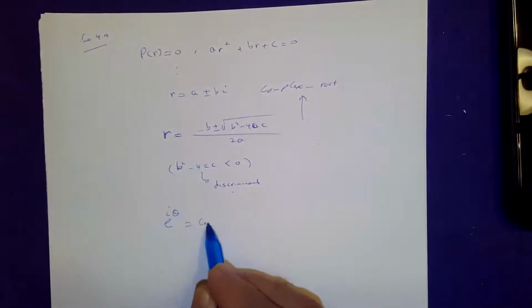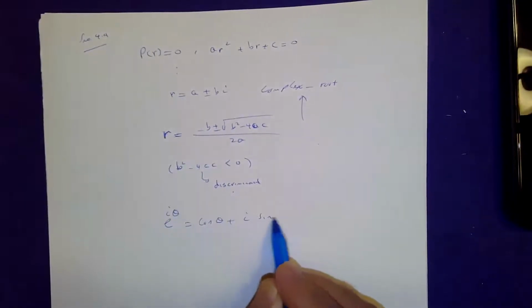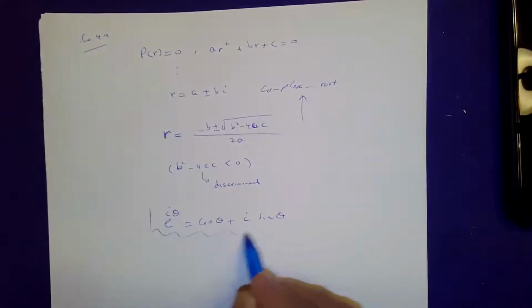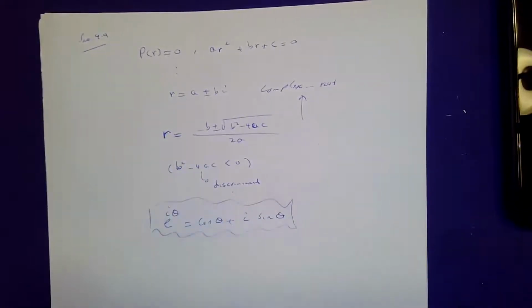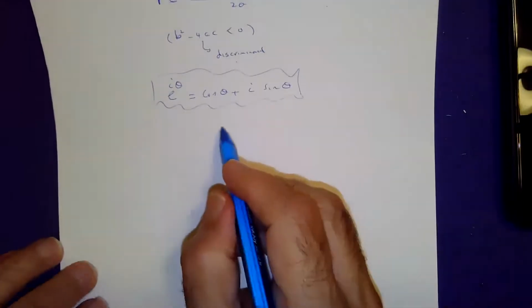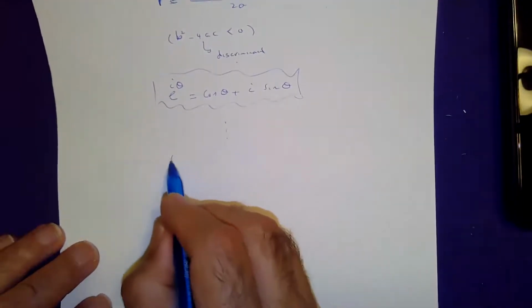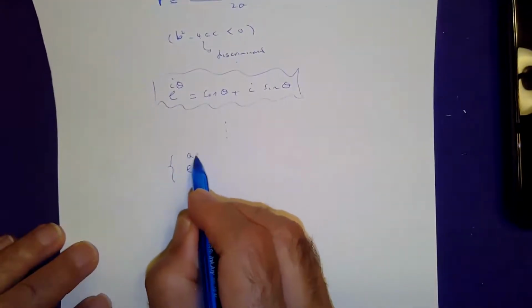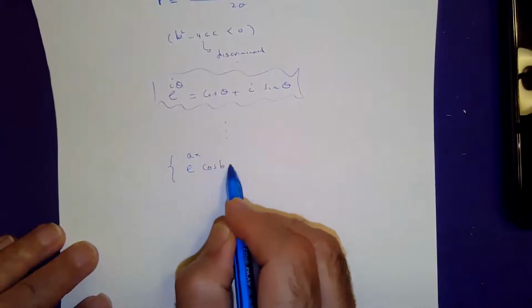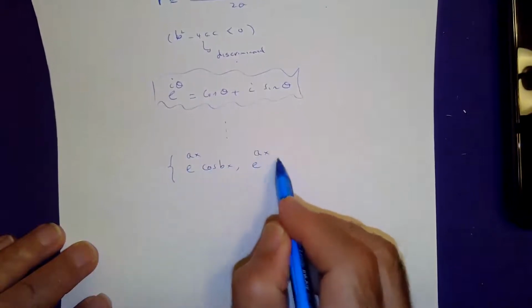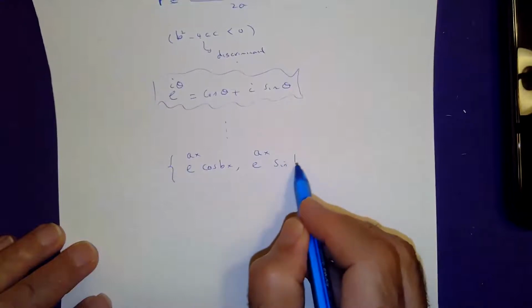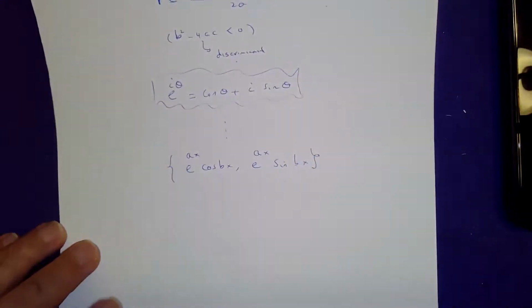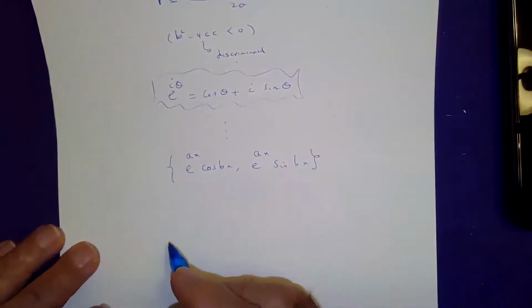I think I showed you Euler's formula, cosine of theta plus i sine theta and all that good stuff. Then it took about a page or so. At the end of the day, I told you guys, I came up with e to the ax cosine of bx and e to the ax sine of bx, which happen to be your fundamental real solutions.